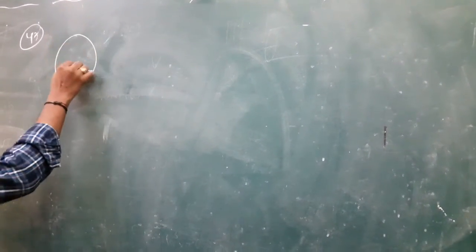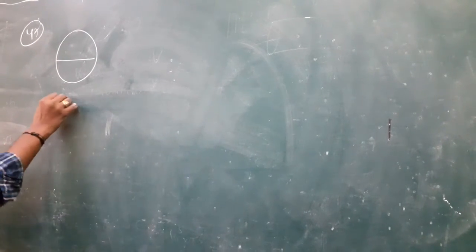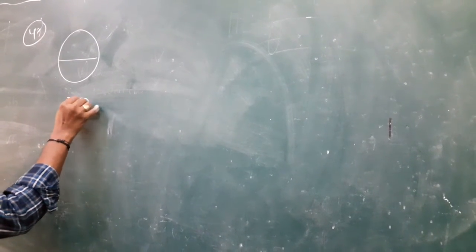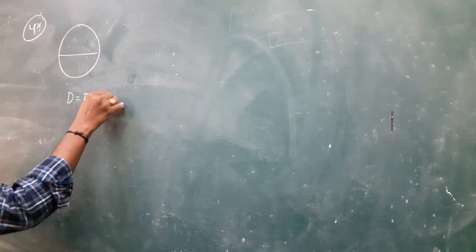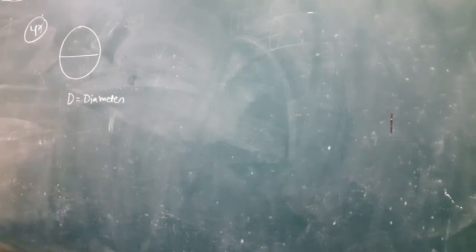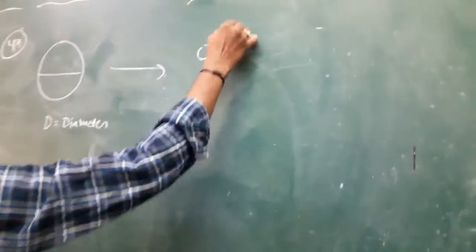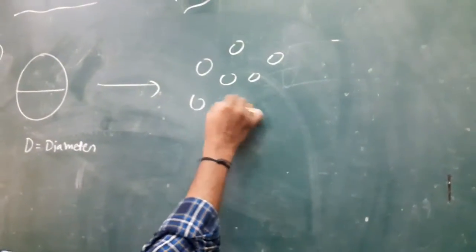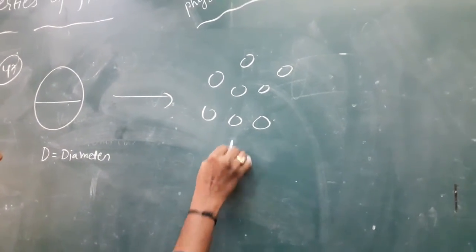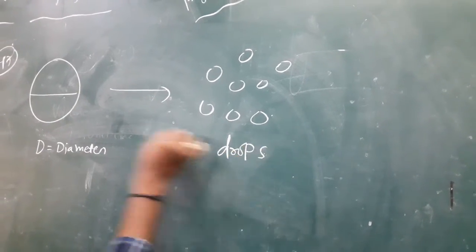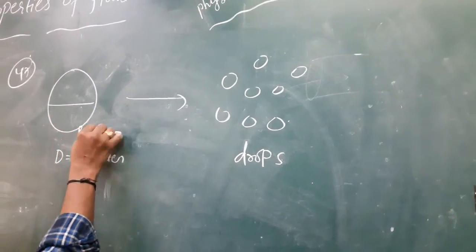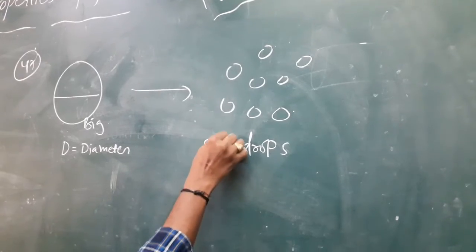A liquid drop of diameter D is split into 27 droplets. This is the big drop, and these are the small drops.